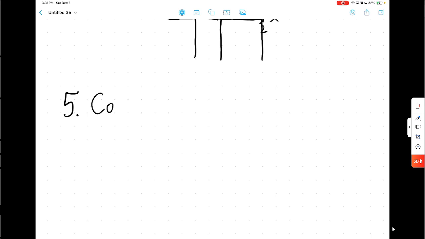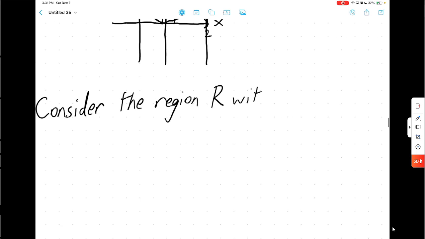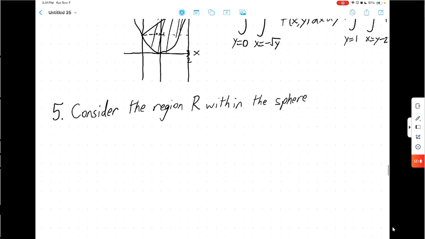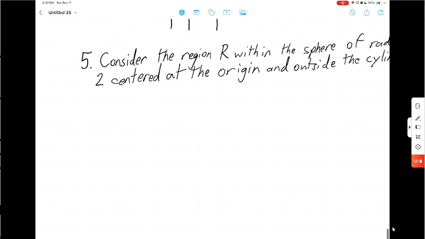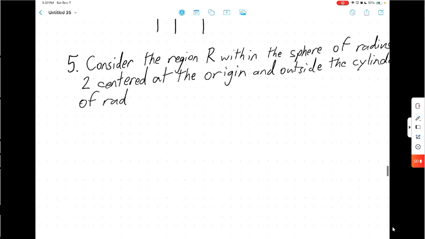Number 5. Consider the region R within the sphere of radius 2 centered at the origin and outside the cylinder of radius 1, centered on the z-axis.